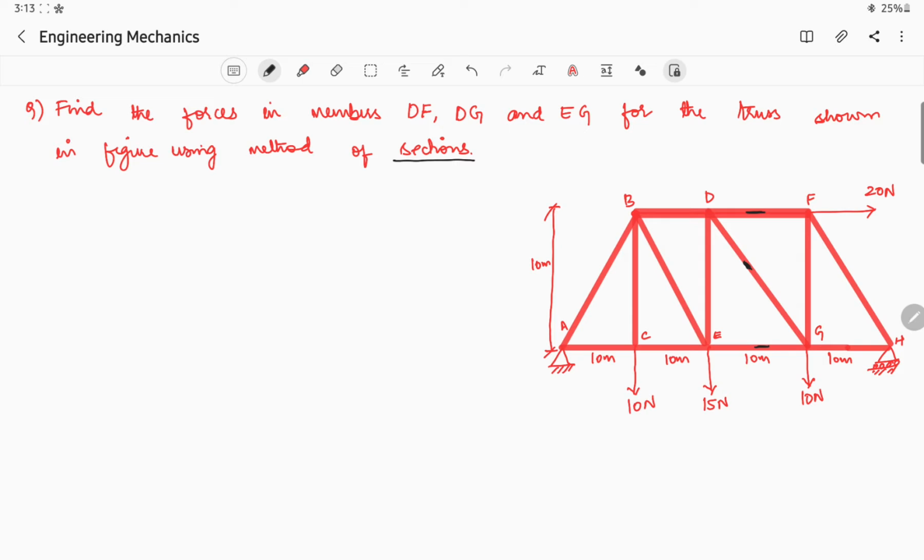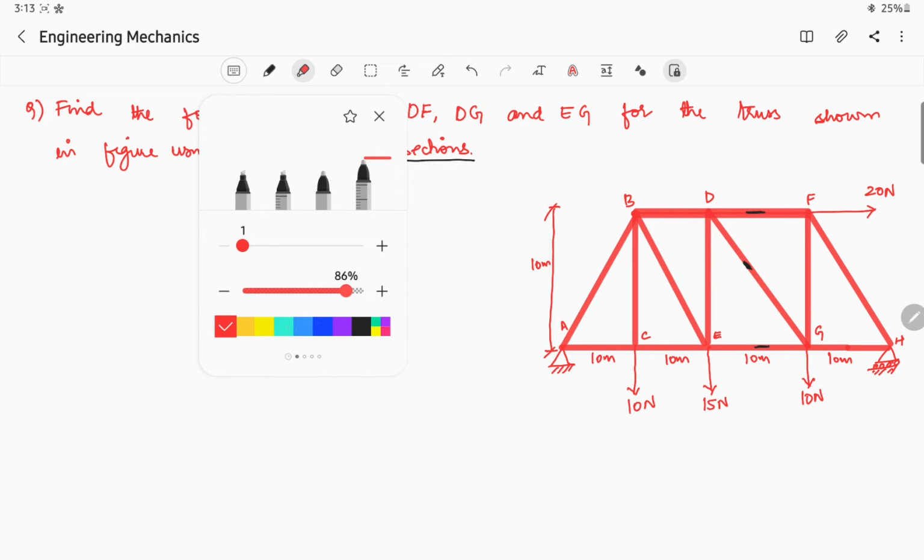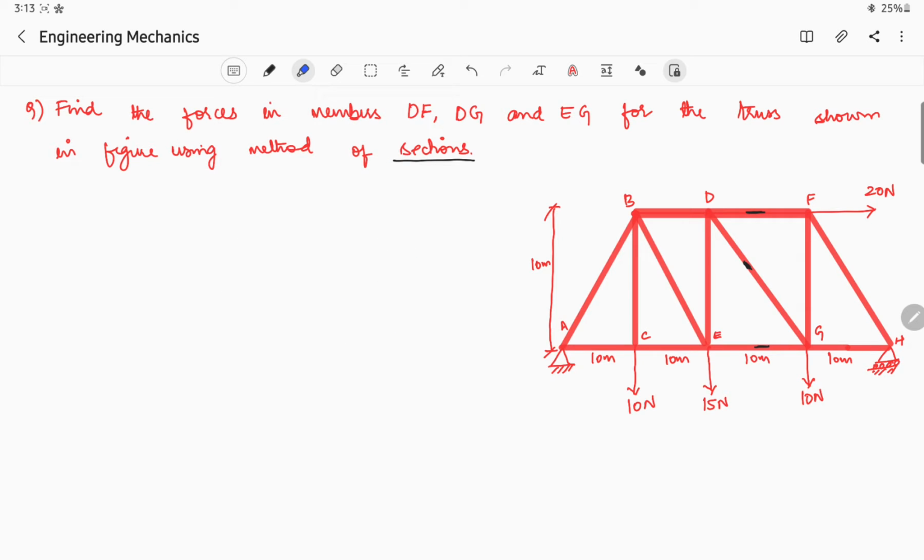What do you mean by a section? I will draw a section here, with blue color. Very carefully observe. Whatever members we have to calculate the forces in, we'll cut those bars with a section, like this.